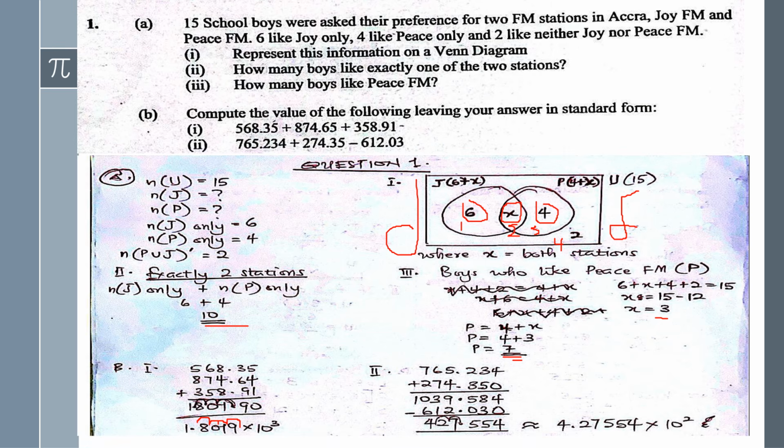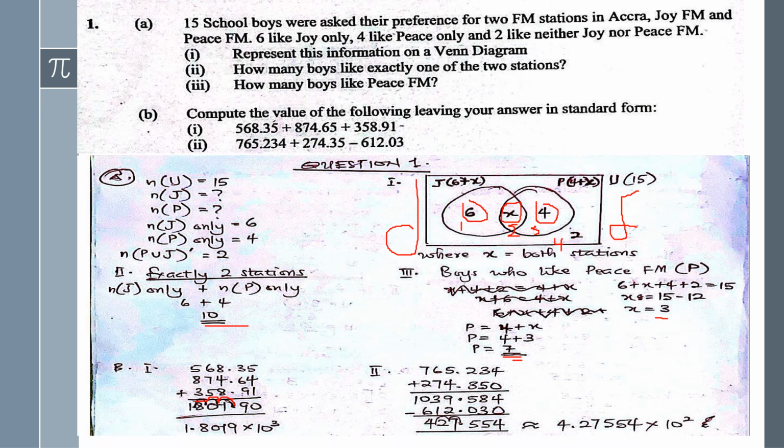But note that the point is already left in 2 decimal places, so we'll have to continue. So let's do it again. We'll have to continue from the 2 decimal place, so from here to 1, 2 and then 3, so it is 3. So it's going to be 10 raised to the power 3 multiplying 1.8019.